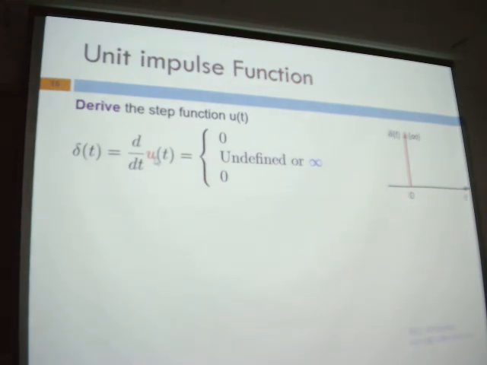So if we take the derivative of our step function, we'll find this one will become 0 if t is less than 0. It will become infinity if t equals 0. It will become 0 if t is greater than 0. So we have a point that the delta(t), the impulse function, is the derivative of the step function. Okay.